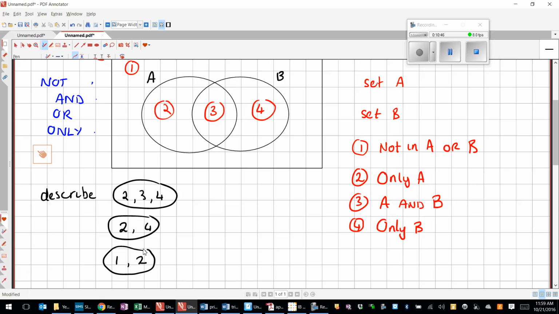Okay. So have a think. How would you describe, again using those same words, what it would be if I was to consider all the regions 2, 3, and 4, the regions just 2 and 4, and the regions 1 and 2 together? How would you describe? Alright, so off you go, have a think.